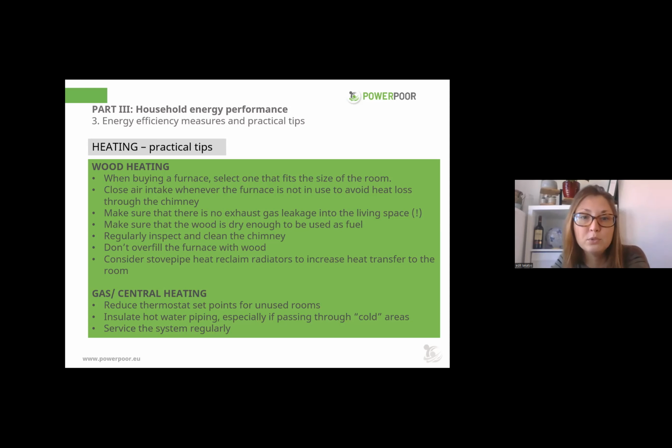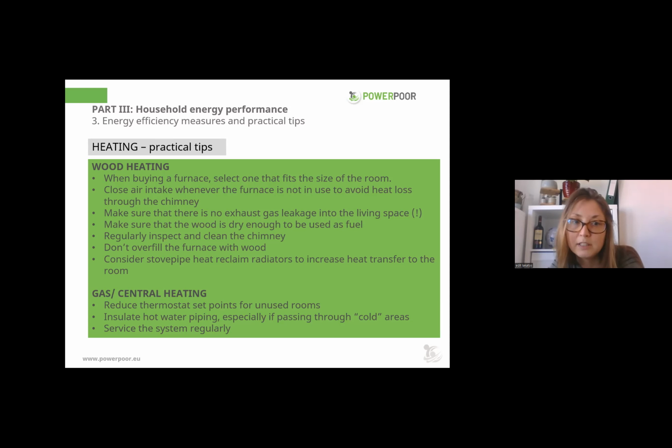Very important with wood heating is that you avoid gas leakage into the living space. And very importantly, the wood should be dry enough to be used as a fuel. Some people forget that if you just cut the wood yesterday, it's not possible to use it right now.